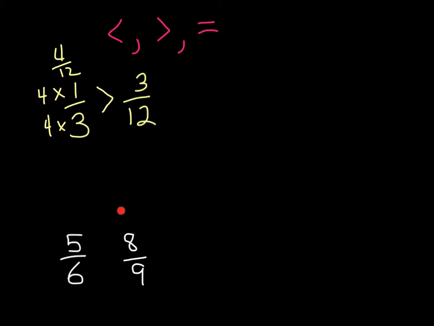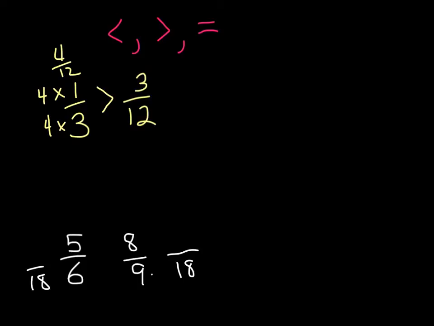If I look at this one down here, I have 5/6 and 8/9. Now I can't get 6 to be 9 by multiplying it by anything, and I can't get 9 to be 6. But when I think about these, I know that I can get to 18 by counting by 6's, and I know I can get to 18 by counting by 9's. So I can find equivalent fractions for these, and I can make both of them 18ths.